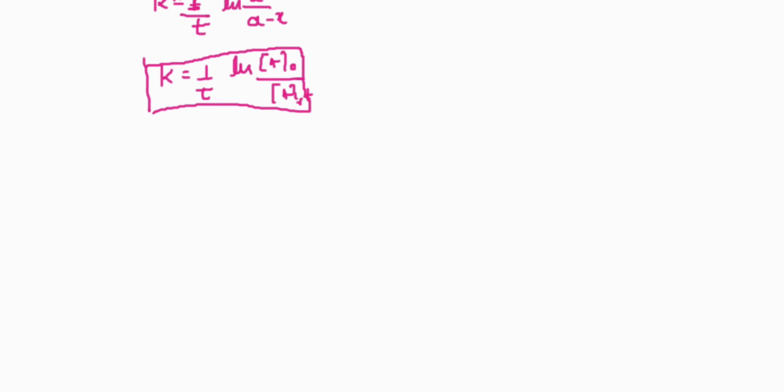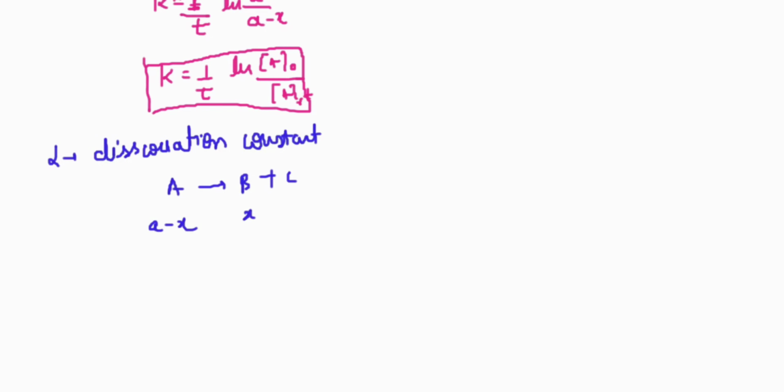Now let's try to calculate alpha, the degree of dissociation. We know A is forming B plus C, so it is a minus x, x and x.